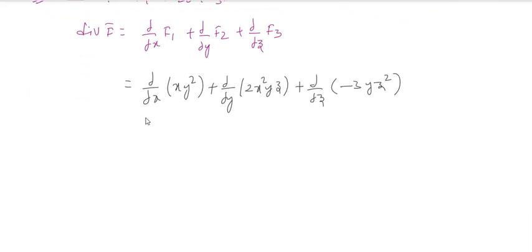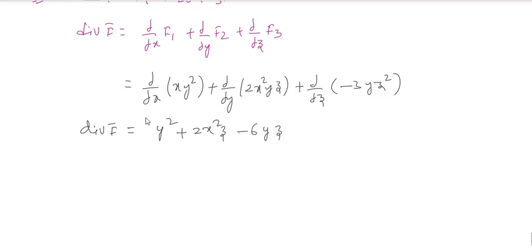Do that partial differentiation. This is your divergence of f. With respect to x, you will have y square. Then with respect to y, you will have 2x square z. Next, this is minus, so with respect to z means minus 6yz. Am I right or not? So this is your divergence of f bar.